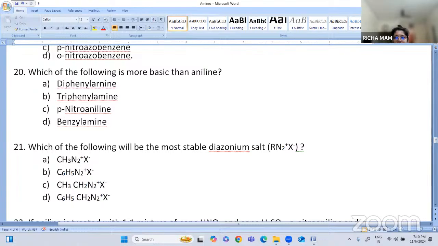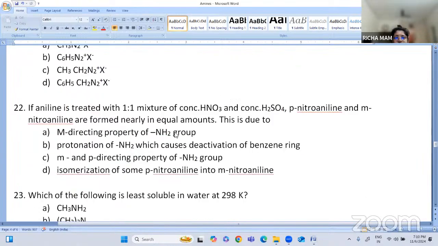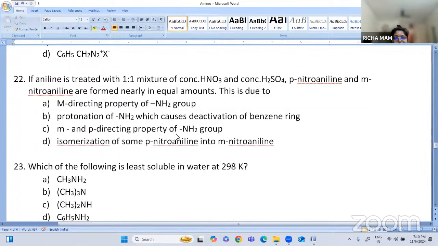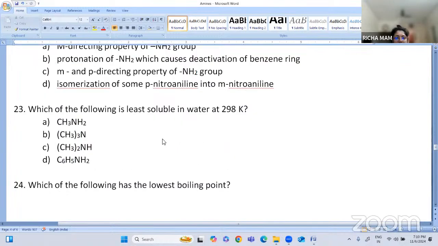Fine. Next question. Which of the following is least soluble in water at 298 Kelvin? Methylamine, trimethylamine, dimethylamine, or aniline?